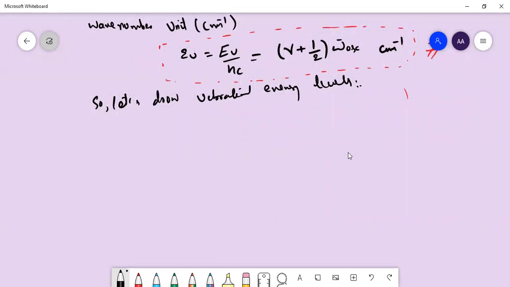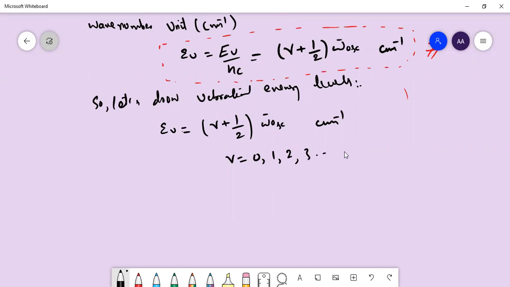We know the energy equation: epsilon_v is equal to (v plus 1 by 2) omega oscillation bar. This is our equation in terms of wave number. Now we know that the value of v can be 0, 1, 2, 3, 4, 5, 6, and so on. Now let's substitute the value of v in this equation.